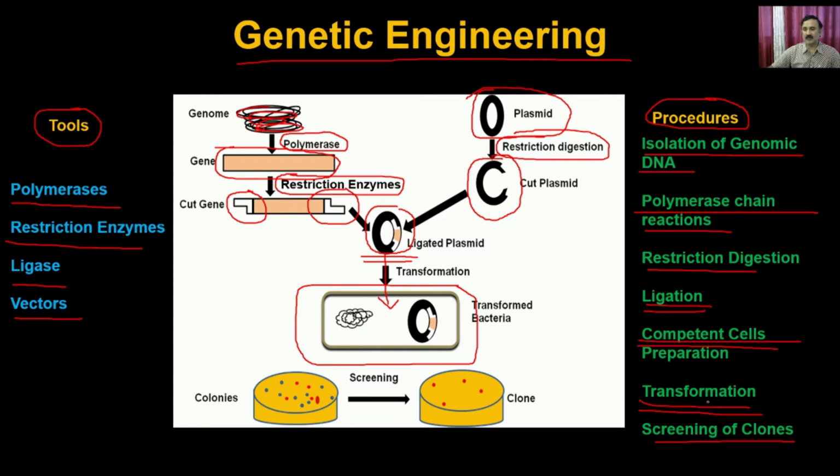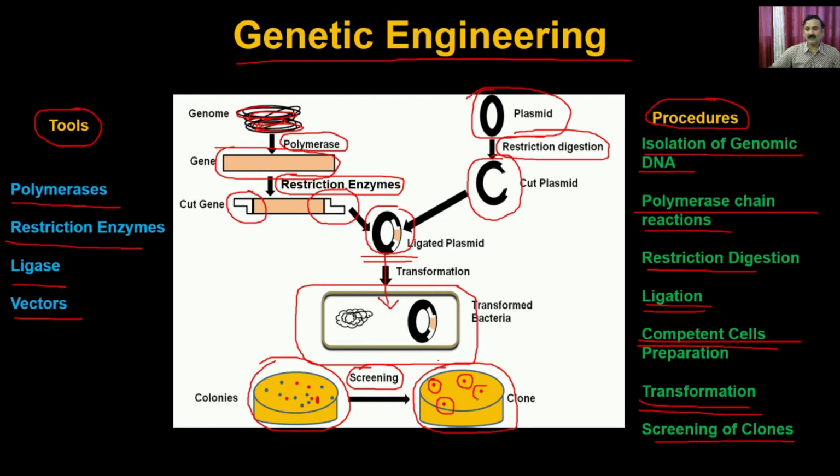Once you do the transformations, you will have two different types of bacteria: the bacteria which have the gene of your interest, and the bacteria which do not. So you will have mixed populations, and then you use different types of screening tools, which finally give you the selected bacterial strains that have the gene of your interest.